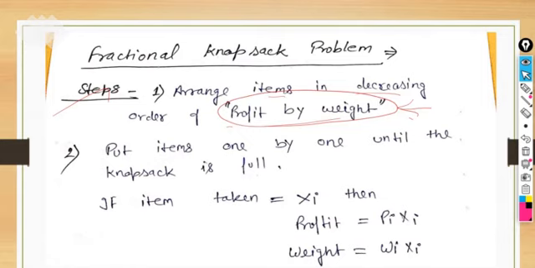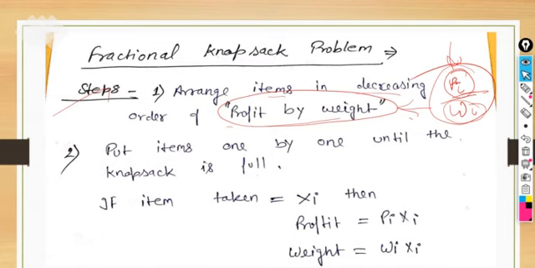If I take pi as the profit and wi as the weight, then for each and every item individually, we can find the per unit profit by taking this ratio. We will see per unit how profitable that particular item is. Then we will arrange all those ratios in decreasing order.